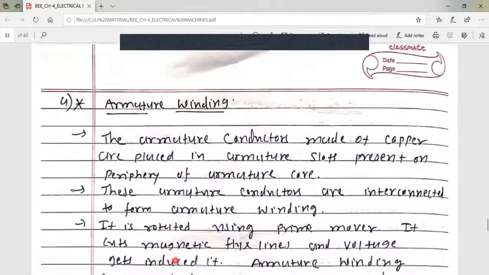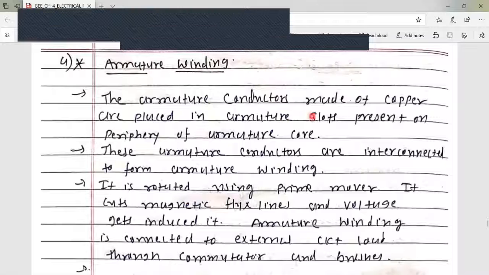Now armature winding. Armature conductors made up of copper are placed in armature slots present on the outer periphery of the armature core, as we have seen in the figure. So these armature conductors are interconnected to form the armature winding. Okay, so it is rotated using a prime mover. It cuts the magnetic flux lines and voltage gets induced in it.